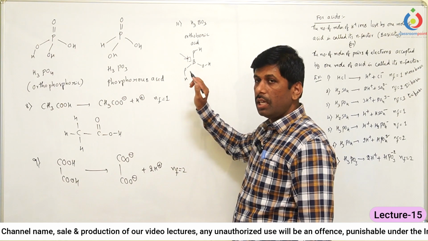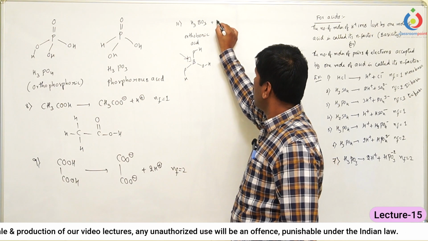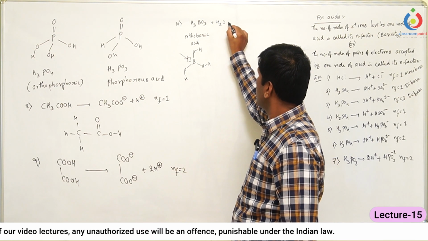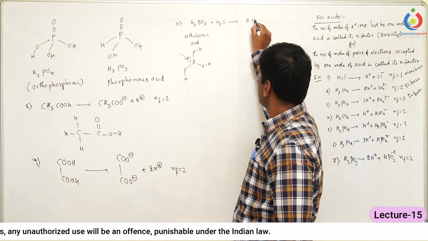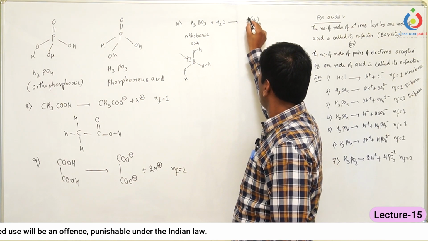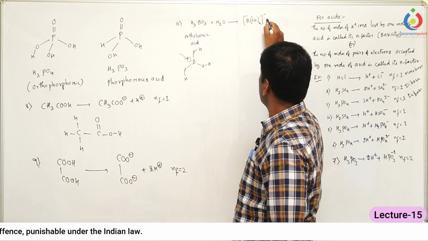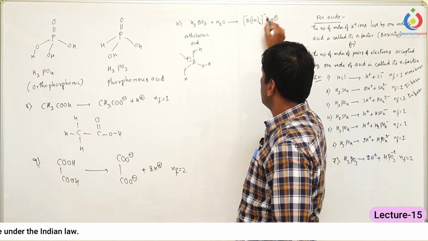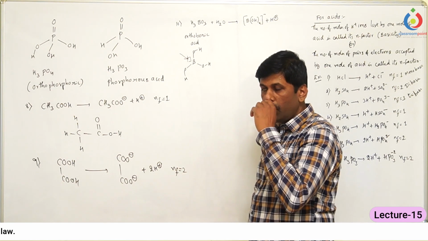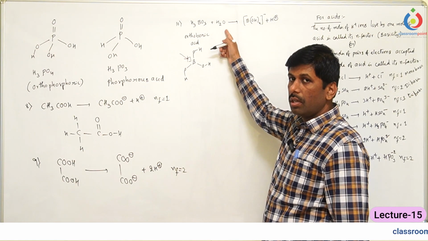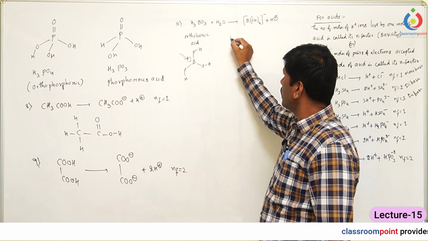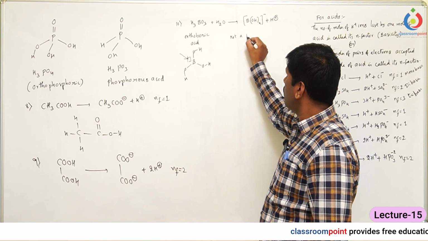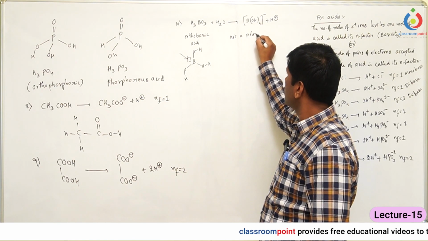It cannot release any H plus ions, but after reaction with water, it forms a complex ion plus releases H plus ion. So it acts as a protonic acid only after reaction with water. Actually, it is not a protonic acid, so we can write down that it is not a protonic acid.